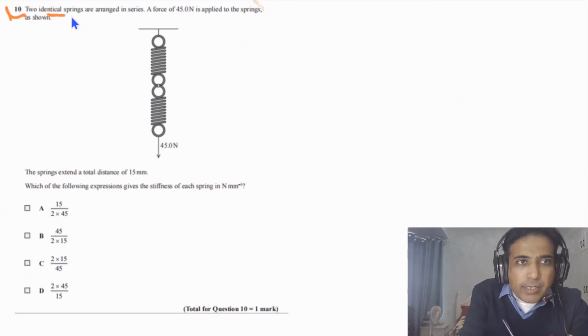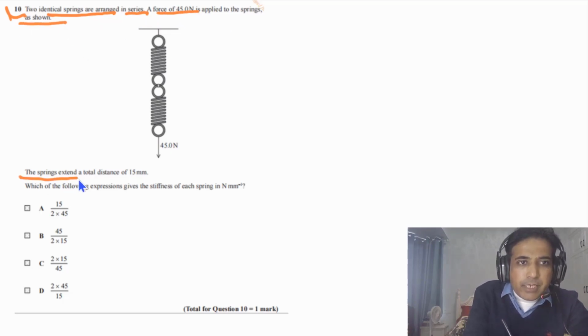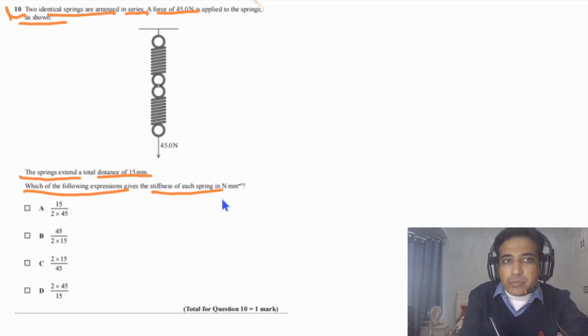Question 10 says two identical springs are arranged in series. A force of 45 newtons is applied to the springs as shown in the figure. The springs extend a total distance of 15 millimeters. Which of the following expressions gives the stiffness of each spring in newtons per millimeter?